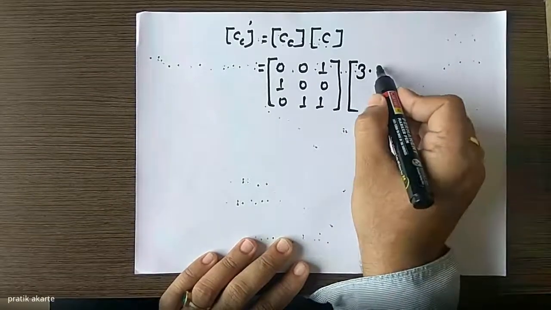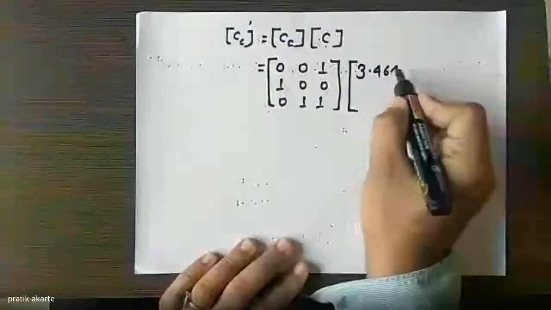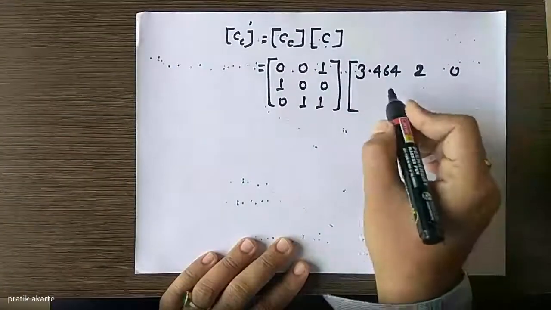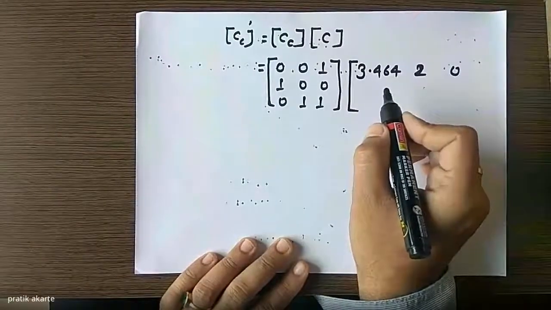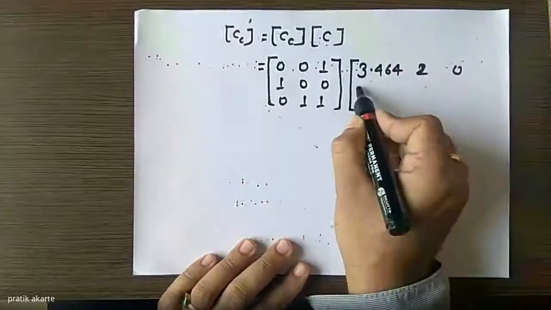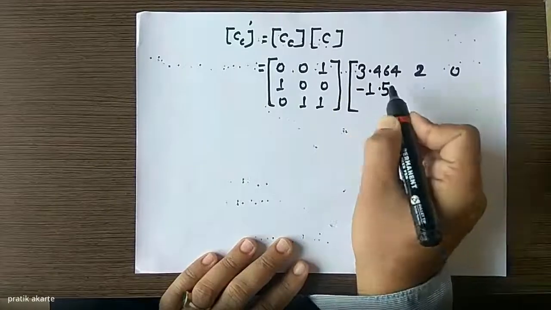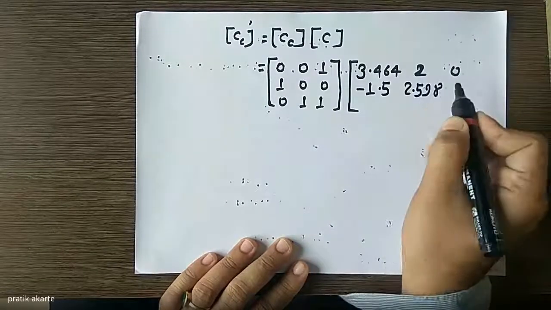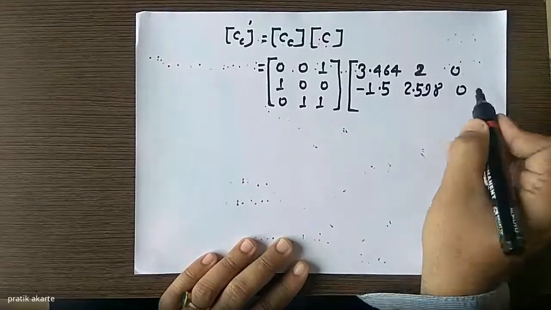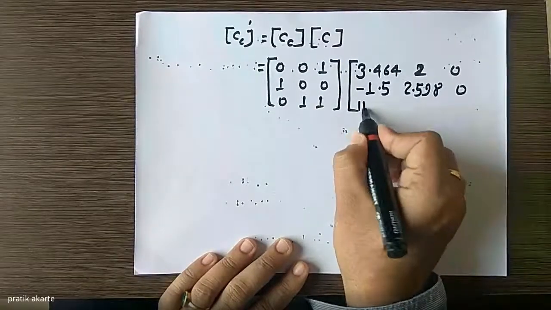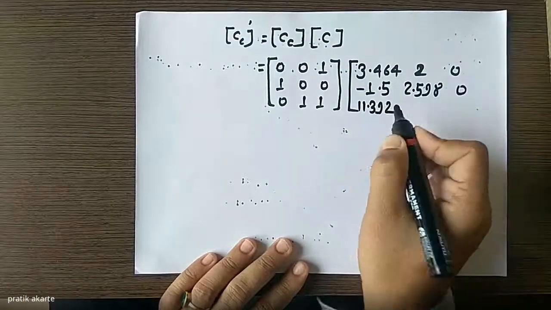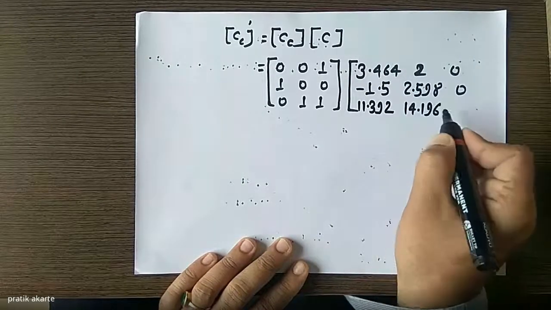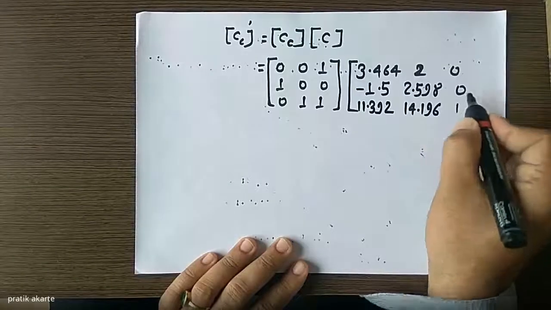So it is 3.464, 2, 0, then minus 1.5, 2.598, 0, 11.392, 14.196, and 1.